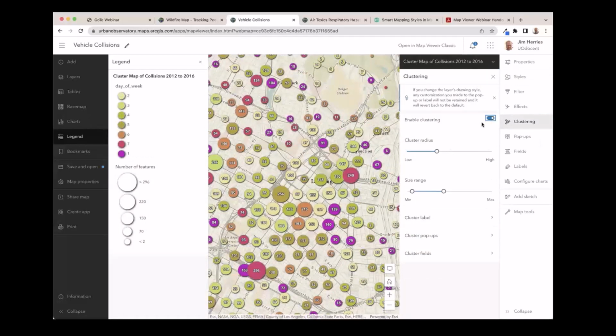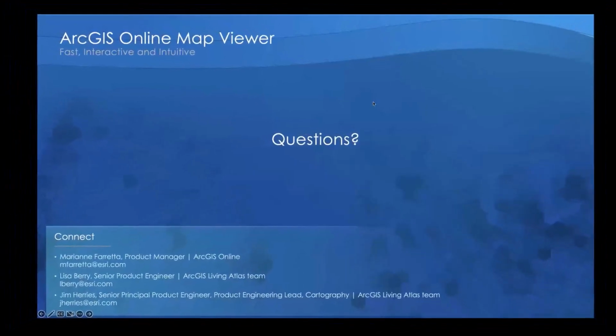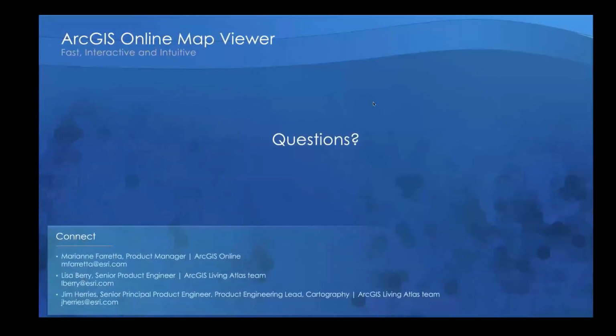So Marianne, a question for you. Do you have a timeline to add analysis capability? Yes, that is a really good question. Thank you. Analysis tools, and I think there was a question about joining features and things like that as well. Doing a join falls into the category of analysis tools in ArcGIS Online, and Map Viewer Classic has all of the analysis tools that are available in ArcGIS Online.